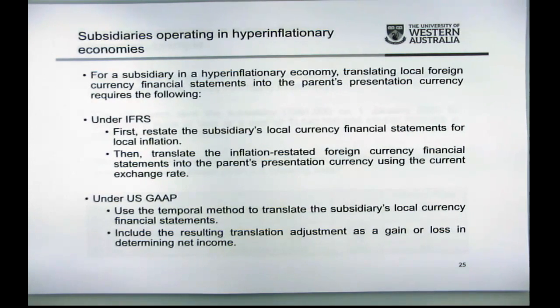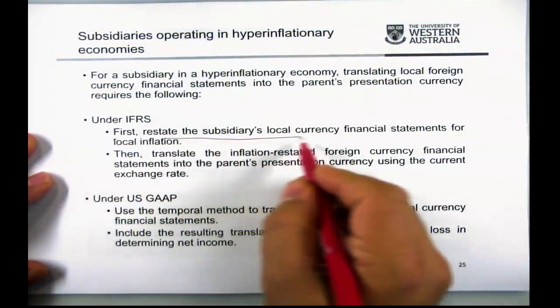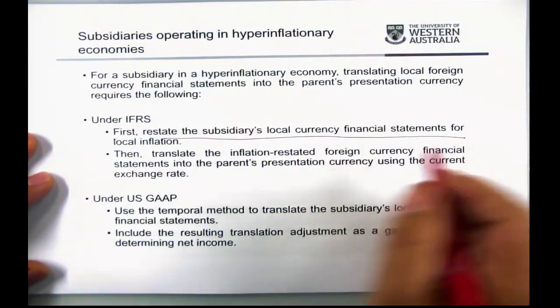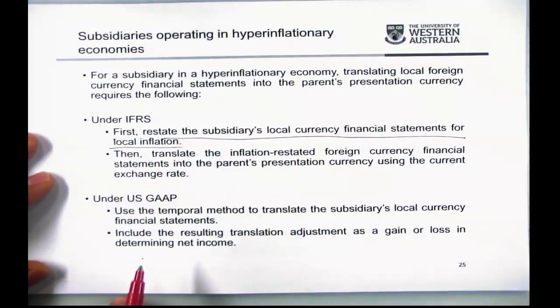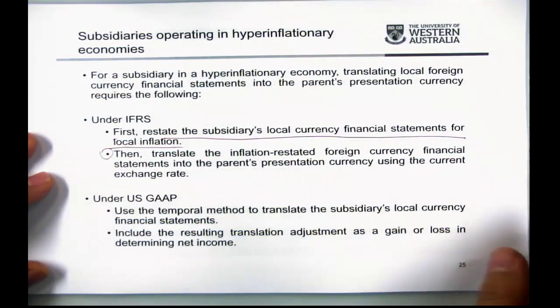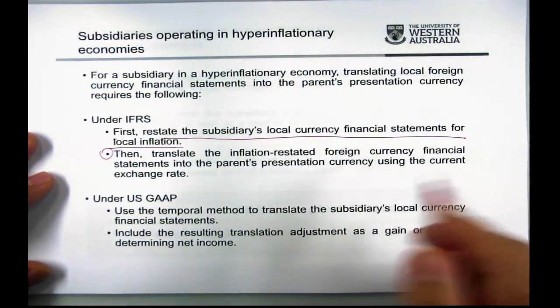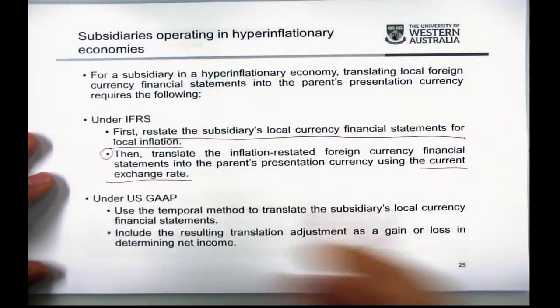If a firm sets up a subsidiary in a hyperinflation country, according to the IFRS the firm should first restate the subsidiary's local currency financial statements for the local inflation, and then, after incorporating the inflation rate in the restated financial statements, the firm should use the current exchange rate in the translation.